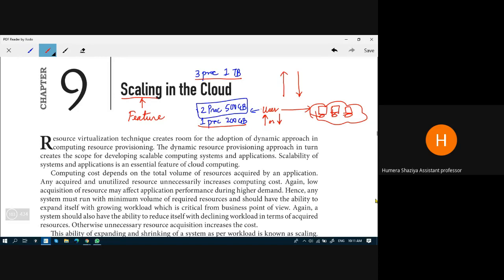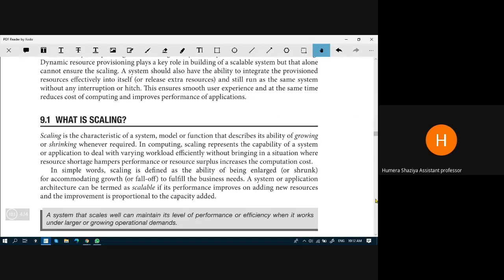On the contrary, if the user wishes to shrink, decrease or reduce the resources, this is also possible in cloud. Both these qualities are termed as scaling of a system. Okay, I hope it's clear. So scaling is the ability to grow or shrink. It is a characteristic of a system.